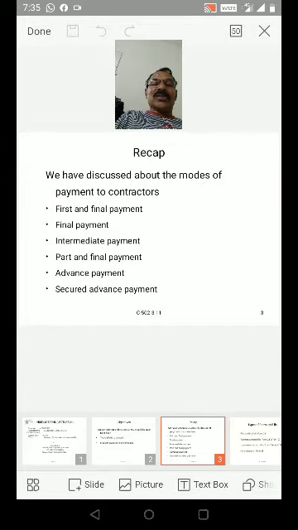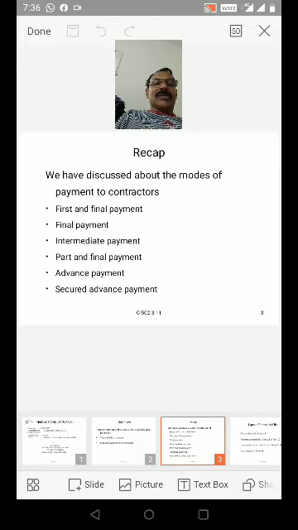Just at a glance, we have to recollect the first and final payment. This form is used for making payment to the contractor, both for works and supplies, when a single payment is to be made on the completion of the whole work or supply as final payment.